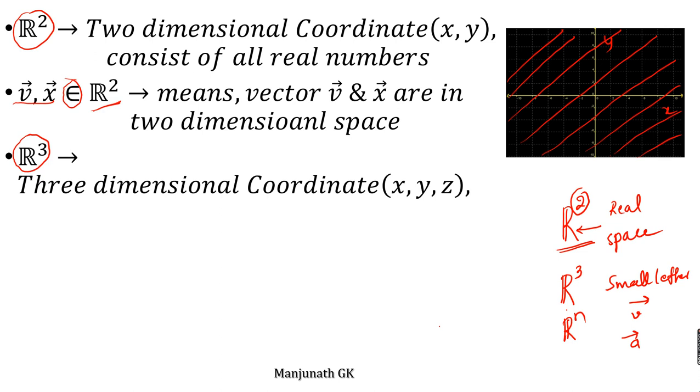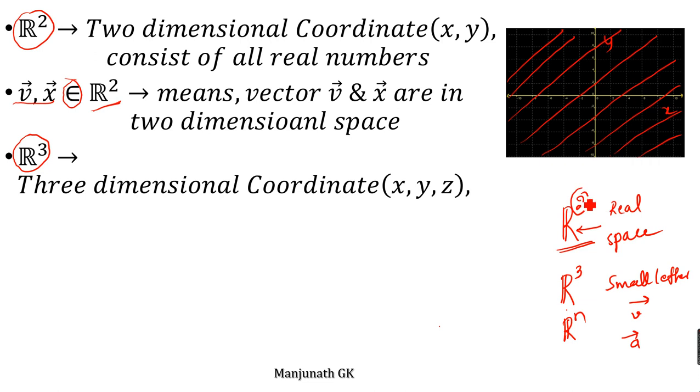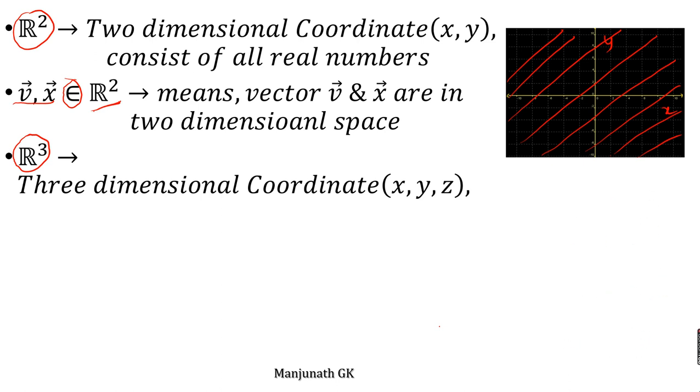So what is the meaning of R3? R3 is a region in three-dimensional coordinates. Consider three-dimensional coordinates. In that, three axes are available: x, y, and z.